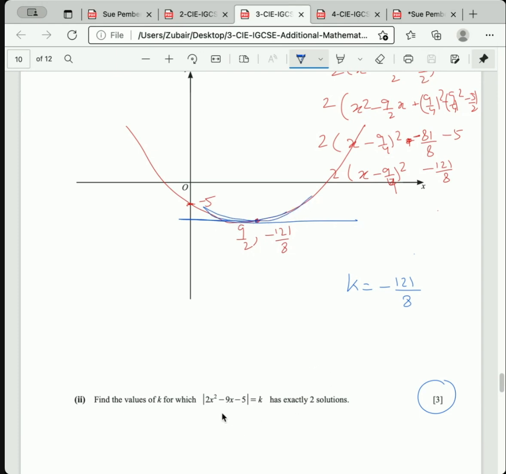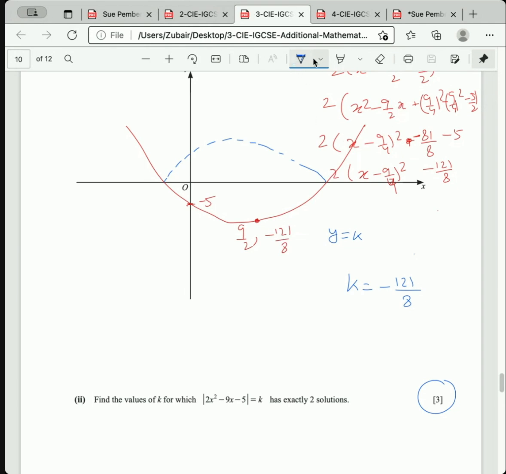That's a little strange why we are, oh, modulus, modulus, modulus. It's a straight line at this point, y is equal to k, and any value more than this would give two intersections at the given point. But the question is modulus. So if we take the mod, we're going to flip this up.